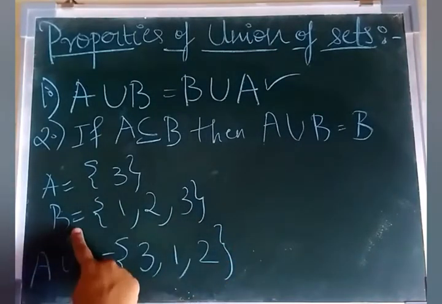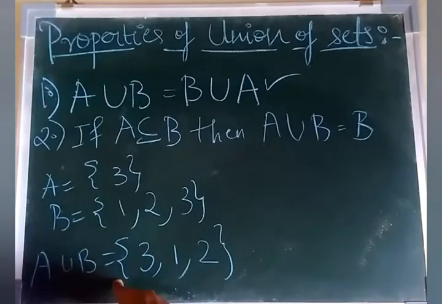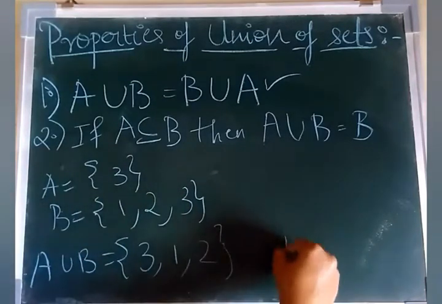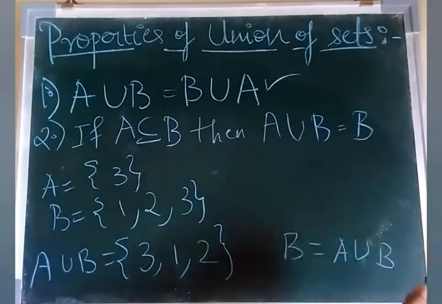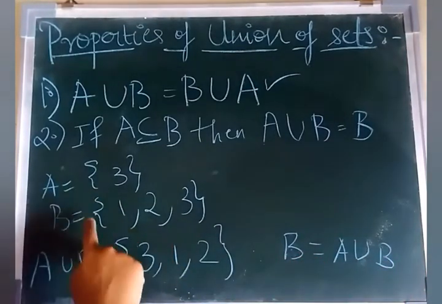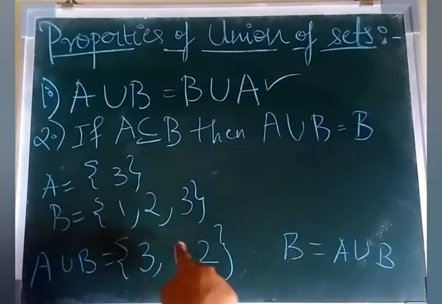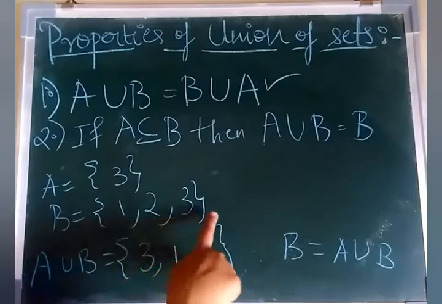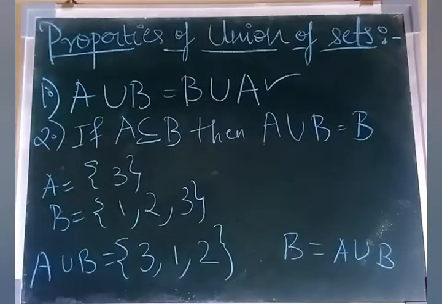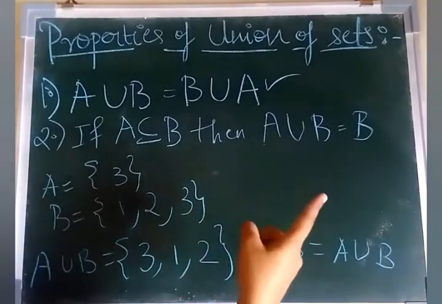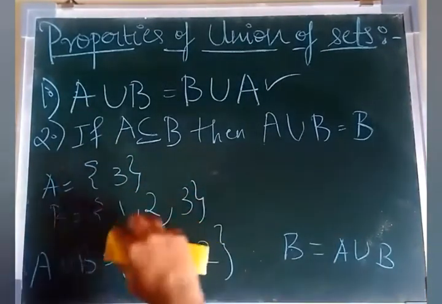Now this set is the same as B, because every element in B is in A union B and every element in A union B is in B. So by the definition of equal sets, B is the same as A union B. A being a subset of B means every element in A is a part of B, so whenever we write the union, we end up with B itself. No other elements will be added to it. So A union B is the same as B if A is a subset of B.